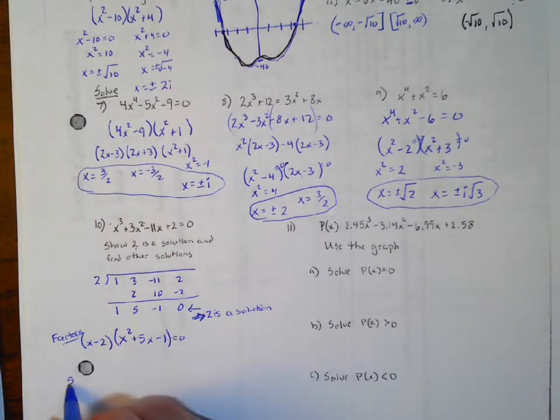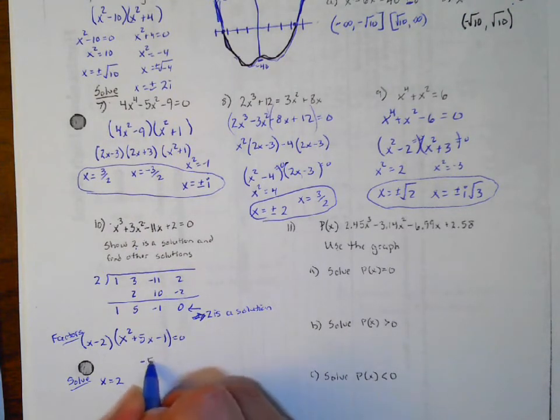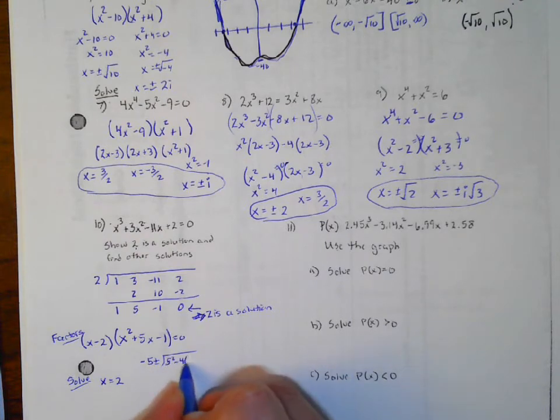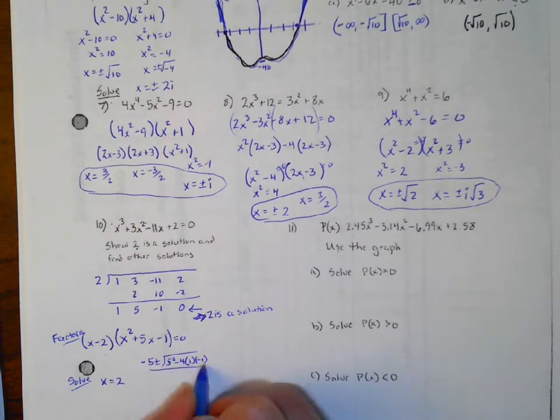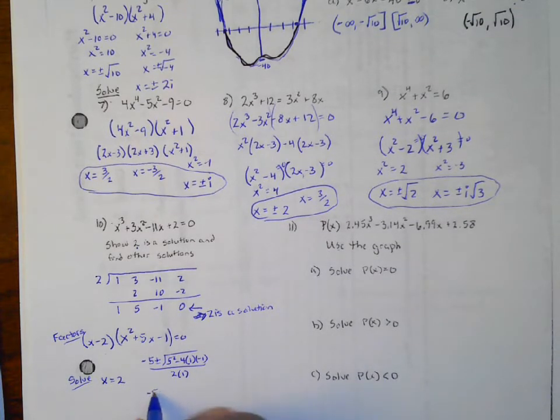And now we need to solve them. So I know that x equals 2 for this one. With this one, I'd probably use the quadratic formula. Okay, and you get negative 5 plus or minus the square root of 29 over 2.